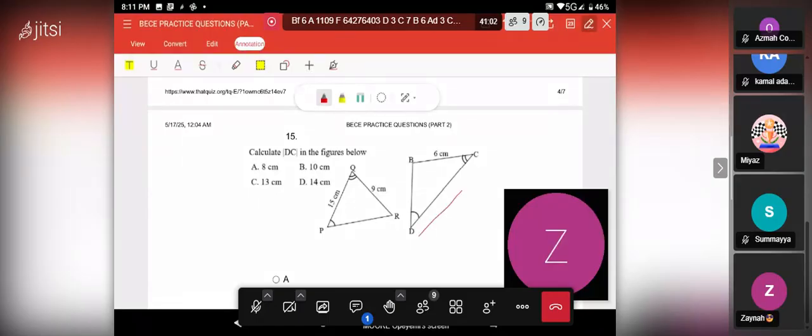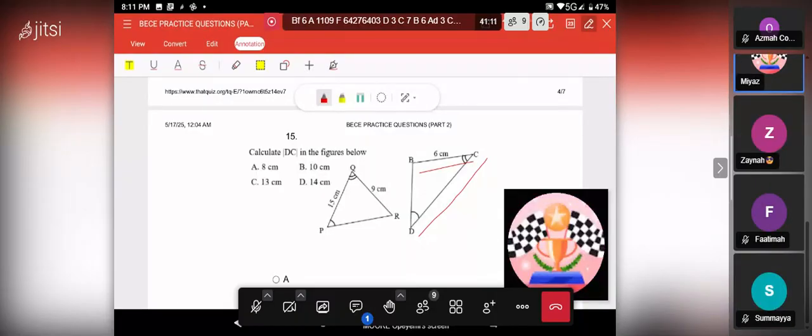So to calculate that, line BC corresponds to which line in the other triangle? QR. Thank you. But now listen, before we can do that, we first of all write the triangle in the correct order. If I write triangle PQR, look at the way I pick them.